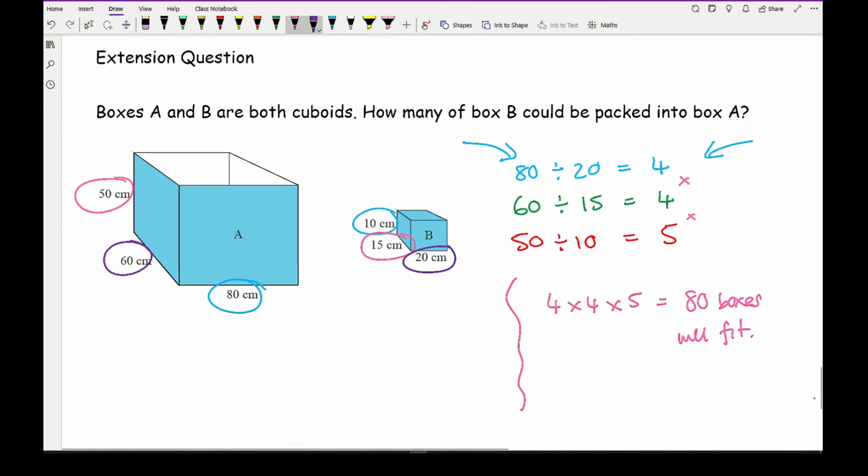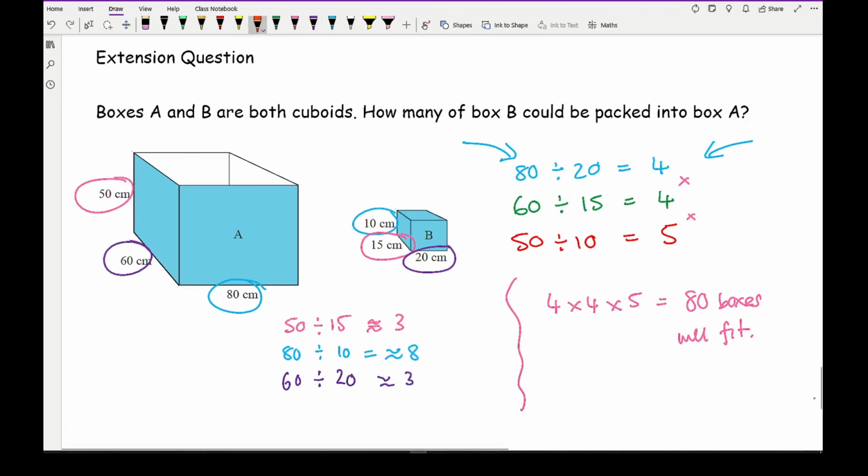But looking at this particular question, if I see how many 50s are going to fit into 15, and then round down the answer, that's going to be 3. Then if I go for how many 80s divide into 10, that's going to be 8. And then if I do how many 60s go into 20, well, that's going to be 3.